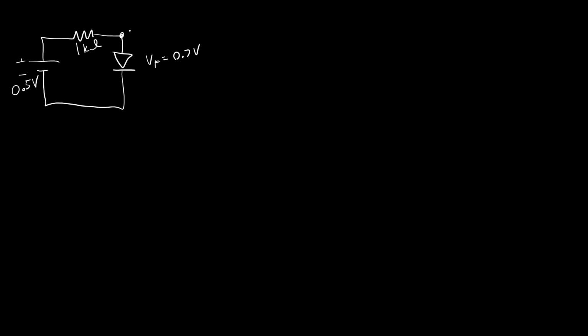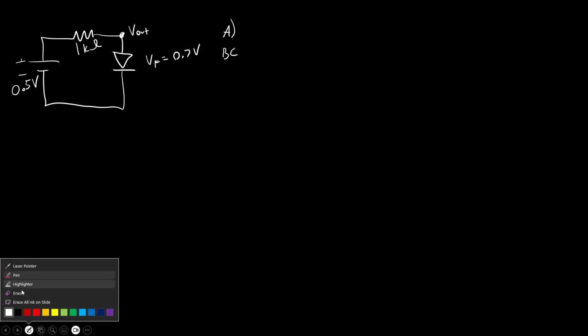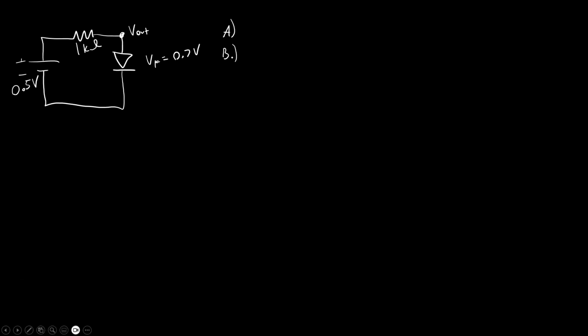The question is, what is the voltage here, if I call that V out in the circuit? I'll do this as a multiple choice concept question so you can think about it for a second. Is that voltage A, 0 volts, B, 0.5 volts, C, 0.7 volts, or D, 1.2 volts?